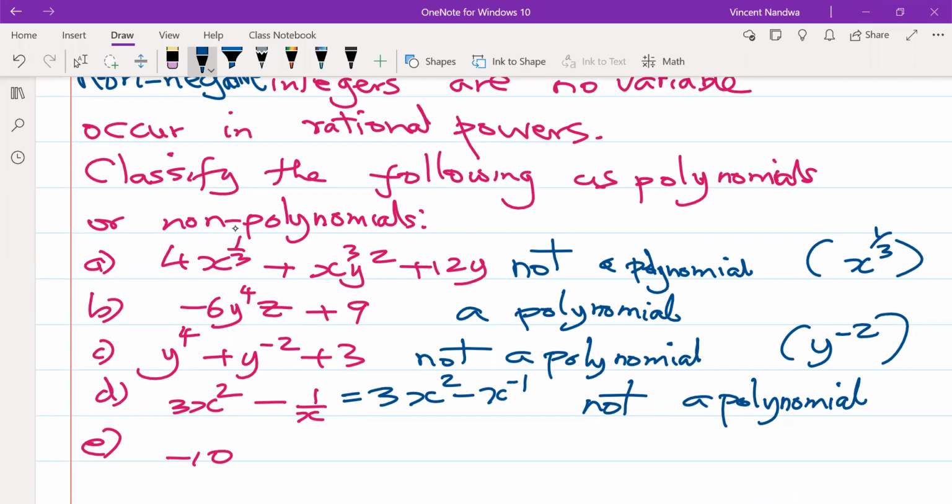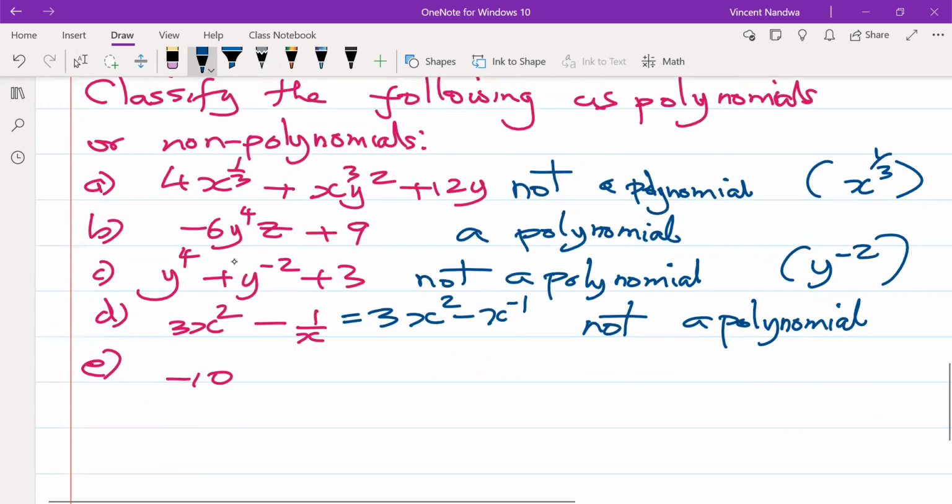Yes, there's a silent power 0, not power 1. So you can add an x and put power 0. I now get it.